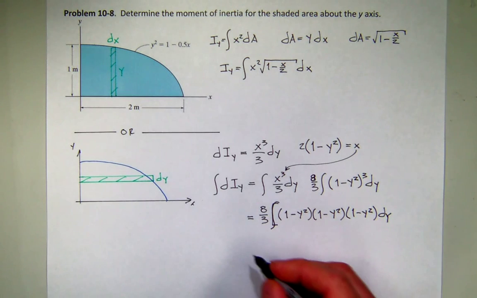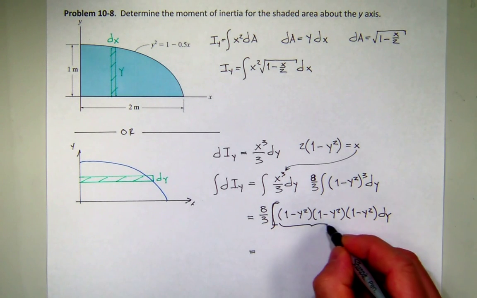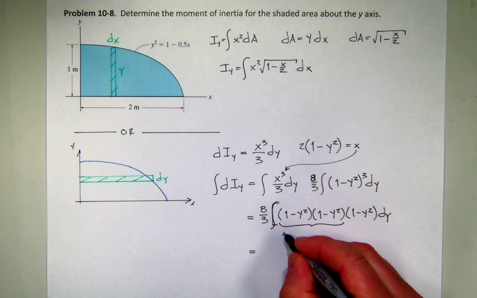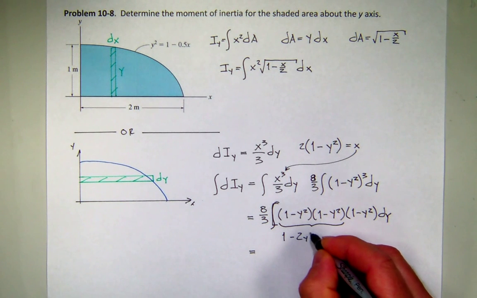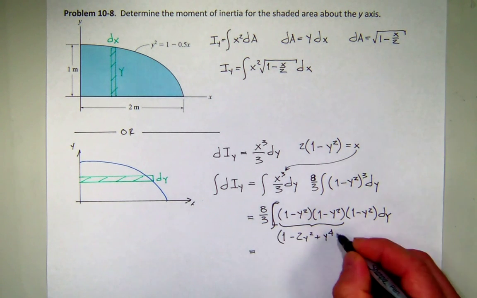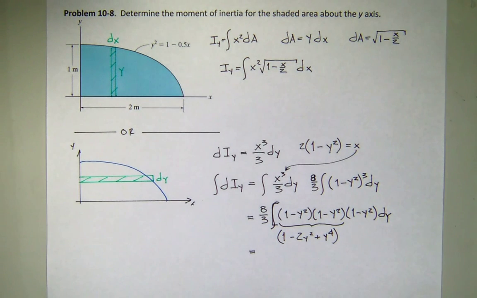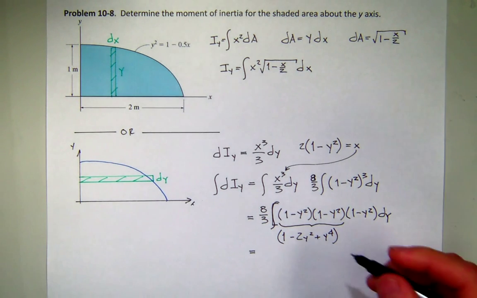I don't think I can do all this in my head. I'll do the first term. This will be 1 minus 2y squared plus y to the 4th, and then I'll multiply it by that. Oh, that'll be fun.